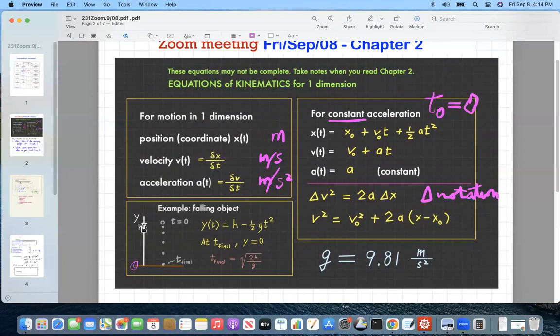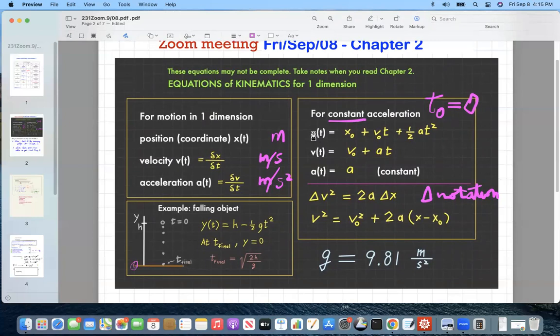And the initial position might be some height. Suppose you drop an object from some height h with no velocity. Well, gravity will pull it down to the ground, so it'll fall to the ground. We're again taking t equals 0 to be the initial time. That's when you let it go. Then it falls down, it hits the ground at some later time. We could call that t final.